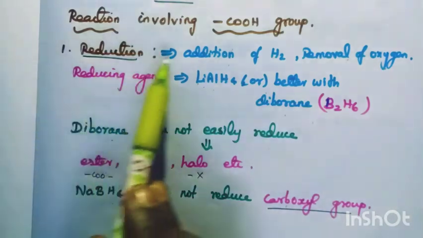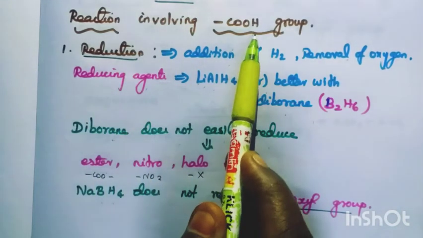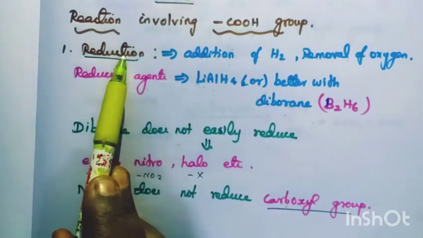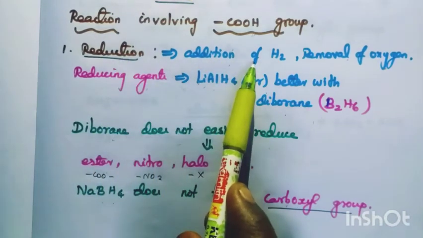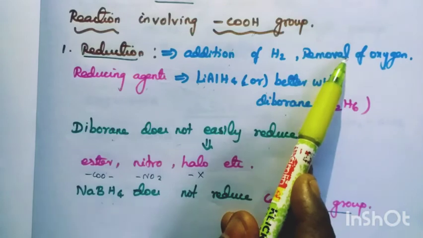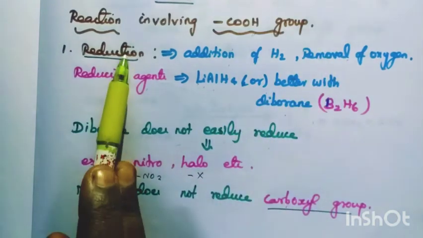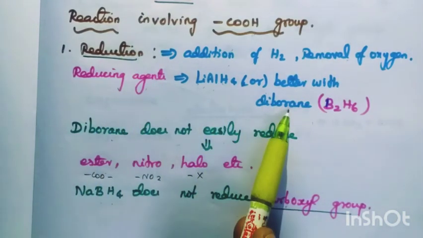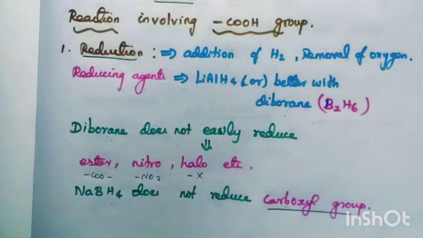So the first reaction involving COOH is reduction. Reduction means addition of hydrogen, in other words removal of oxygen. The reducing agent is lithium aluminum hydride or diborane for carboxylic acids.